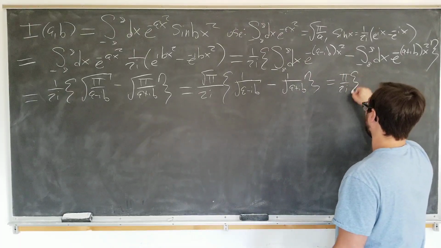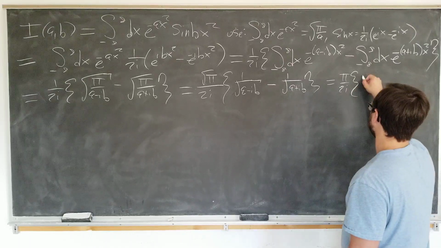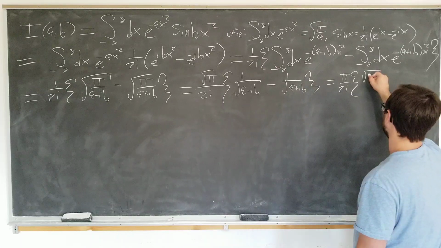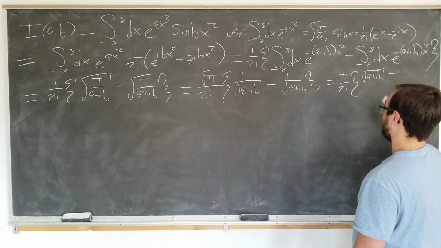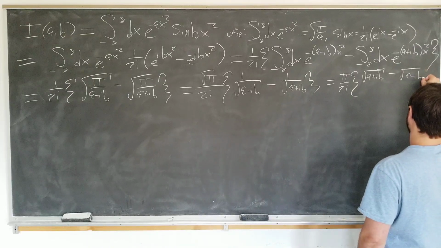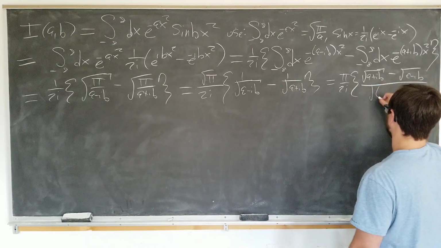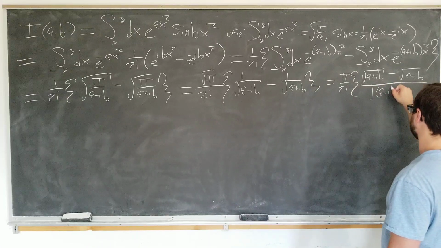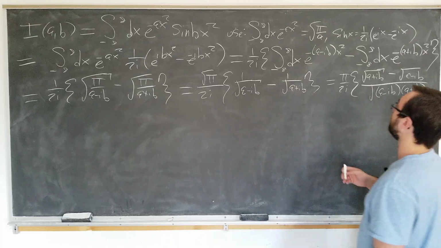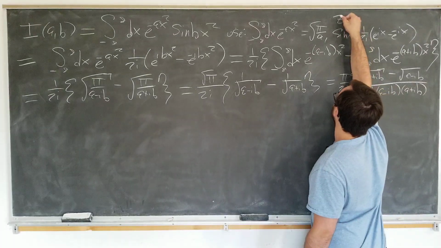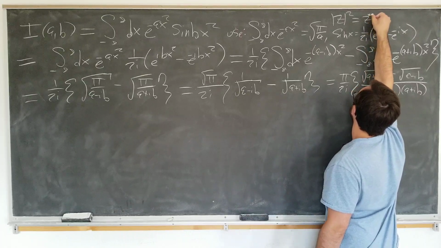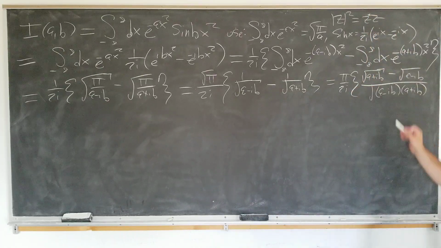Okay, the common denominator here is going to be, well, first of all, we're going to multiply this one by square root of a plus ib. We're going to multiply this one by square root of a minus ib. And the product of them both is going to be in the bottom. And we also know that a complex number has a modulus squared equal to z star z, which is exactly what we have down here.